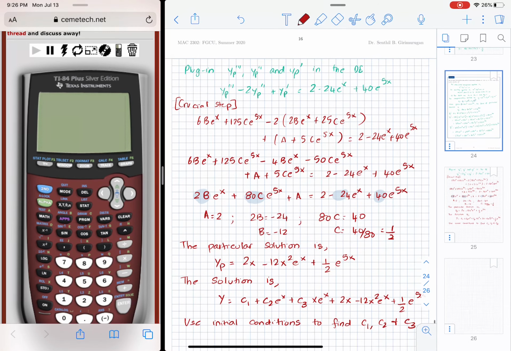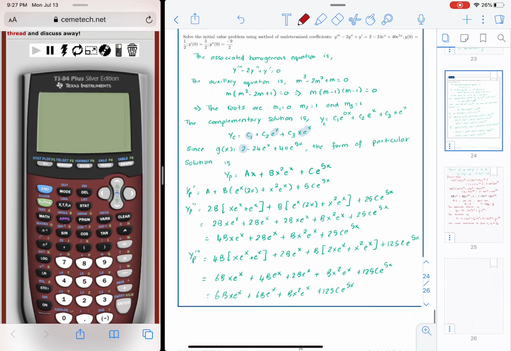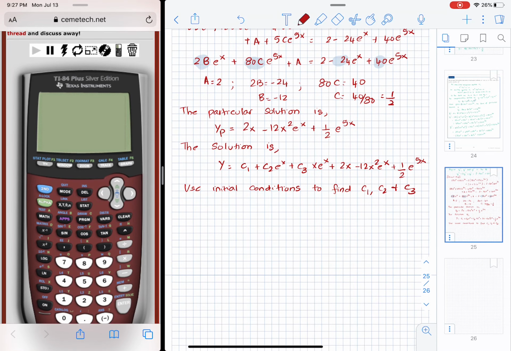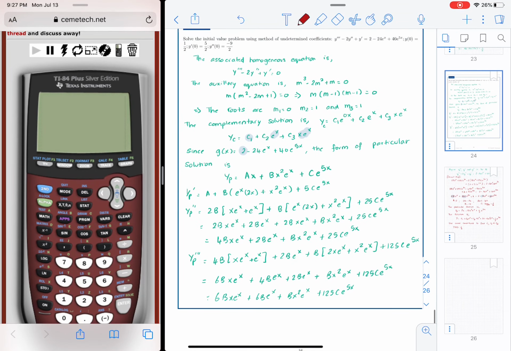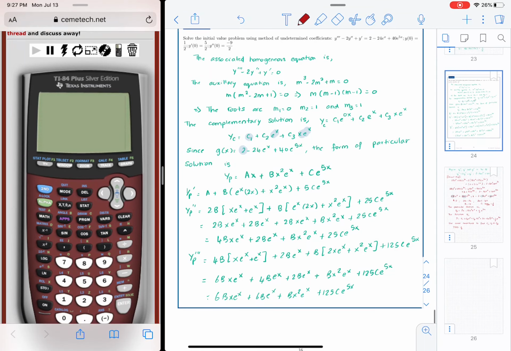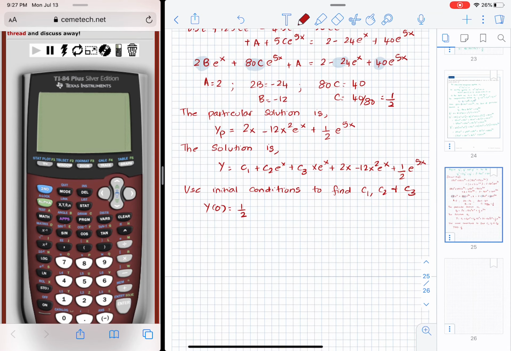Other than that, the process is the same. The objective is to find C1, C2, and C3. So we have y of 0 is equal to 1/2. That is our first condition. Y prime of 0 is 5 over 2, and y double prime of 0 is negative 9 over 2.